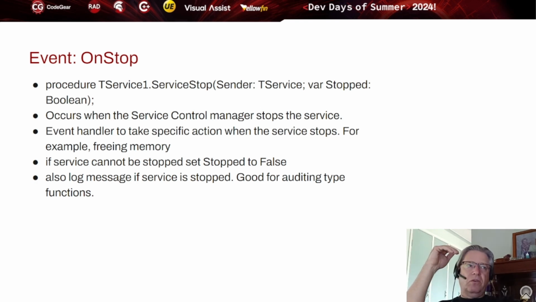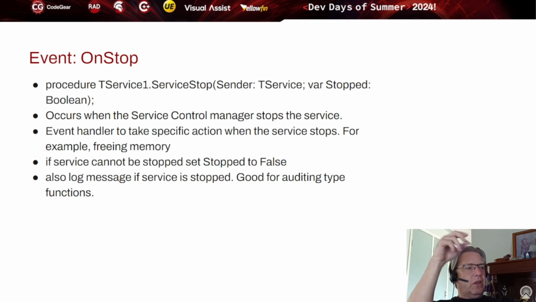If the service cannot be stopped, then we would say that, hey, we can't be stopped, and Windows can then report that it's stopping or still running, depending on how it's handled. Also, if the service is actually stopped and it's successful, then we can log that, make sure that message gets logged to the Windows event log, so that the network admin knows what's happening on his computer.